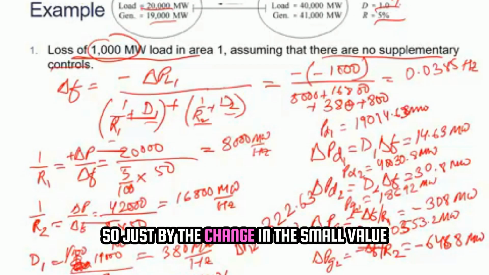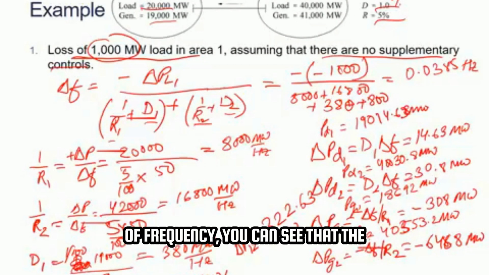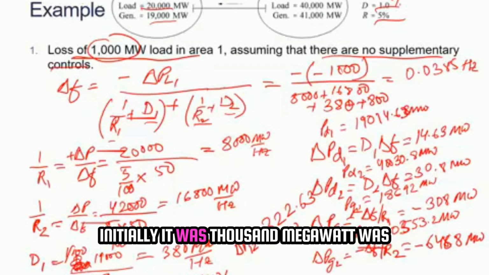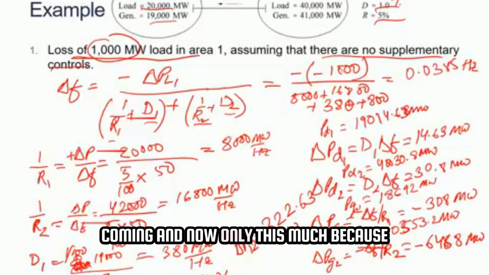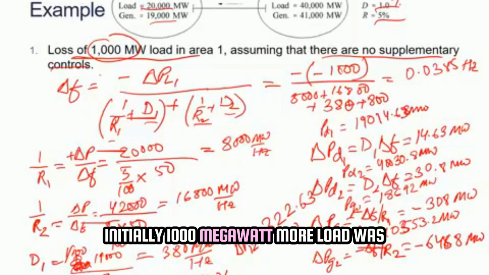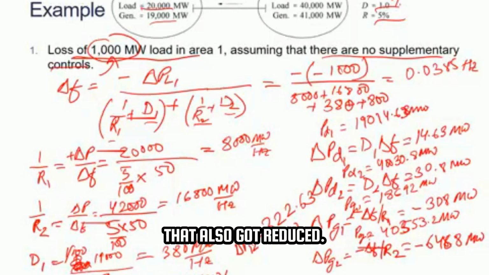So just by the small change in frequency, you can see that initially 1000 megawatt was coming, and now only this much, because initially 1000 megawatt more load was also there, and that also got reduced.